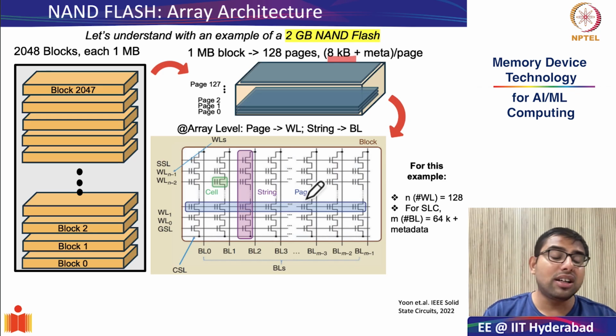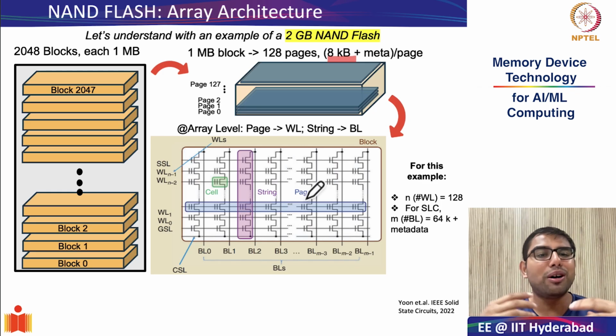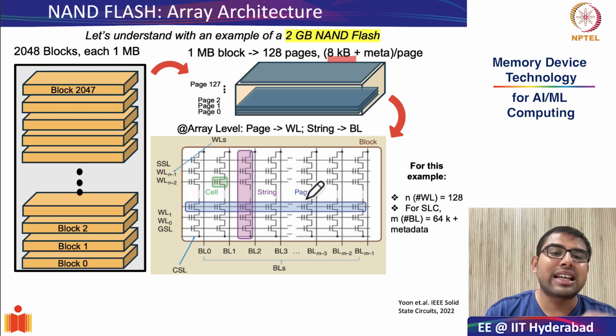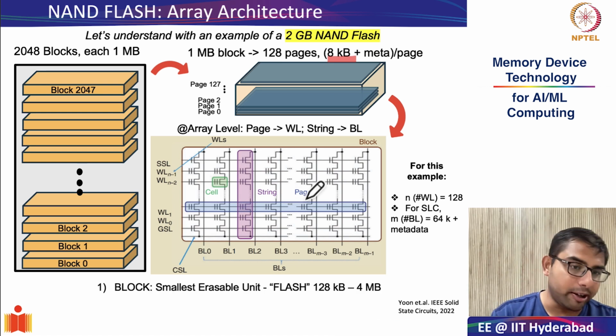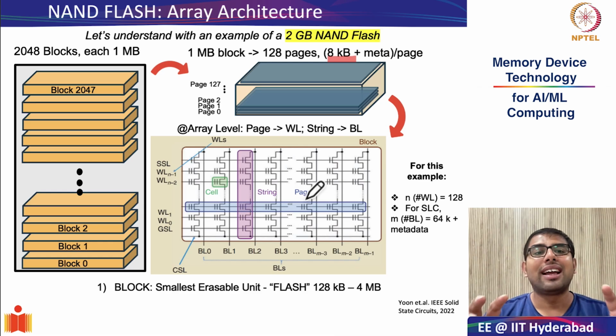So a natural question that comes to our mind is, why have we organized the NAND flash array in terms of blocks, pages and strings? That has got to do with write and read usability. The block, as we will see very soon, is the smallest erasable unit. And this is where the term flash comes from.